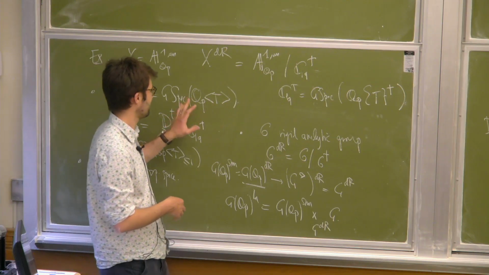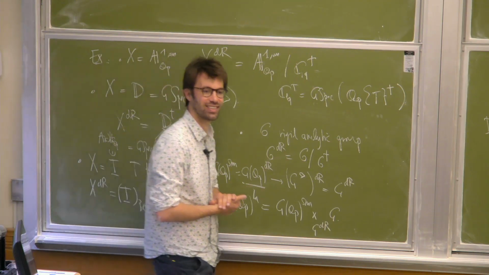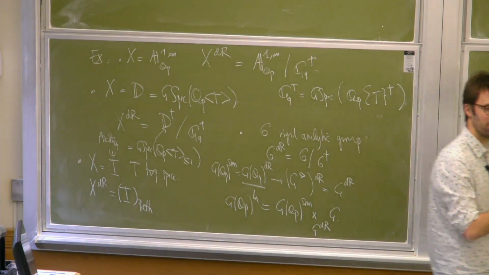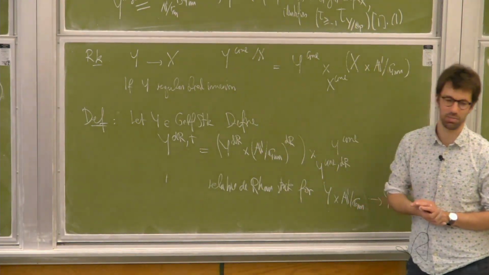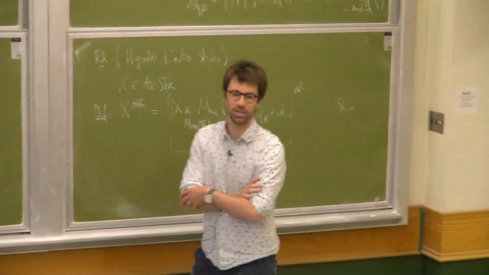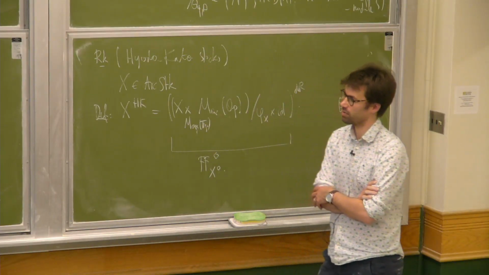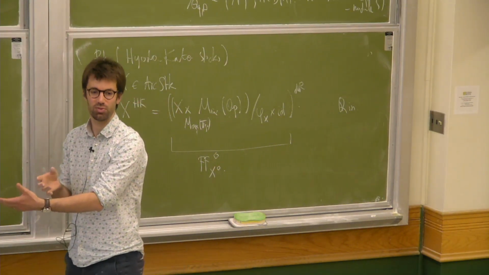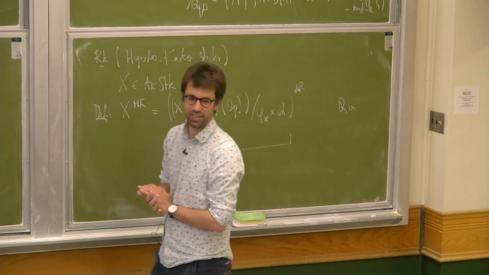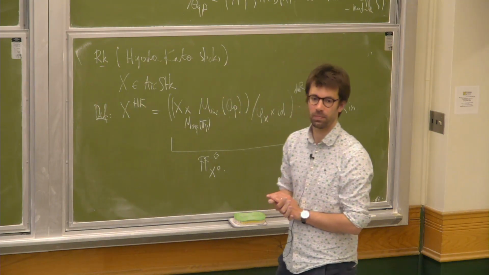Yeah, it's proper, but it's not smooth. So that's why I always want to restrict to partially proper spaces or work with dagger spaces. But yeah, so rational localization is not smooth. The smooth map of dagger things will be okay.